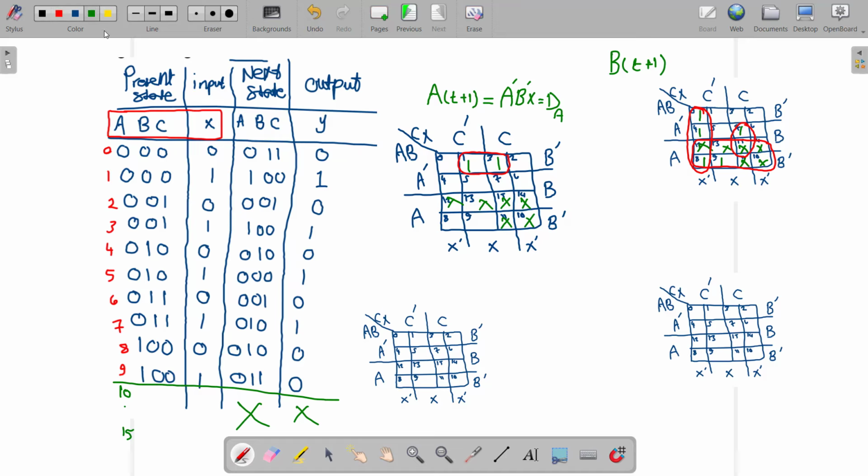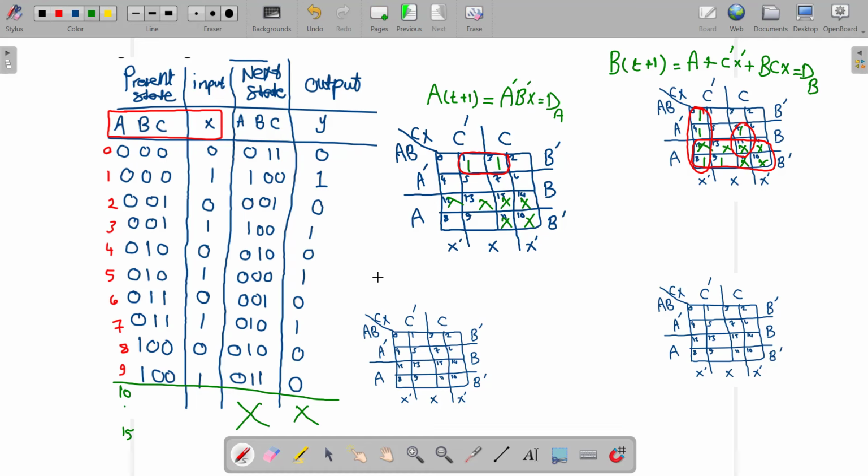So it means that B(t+1) will be equal to, this 8 is A, this 4 is C prime X prime, and this 3 is equal to BCX, which is equal to DB.